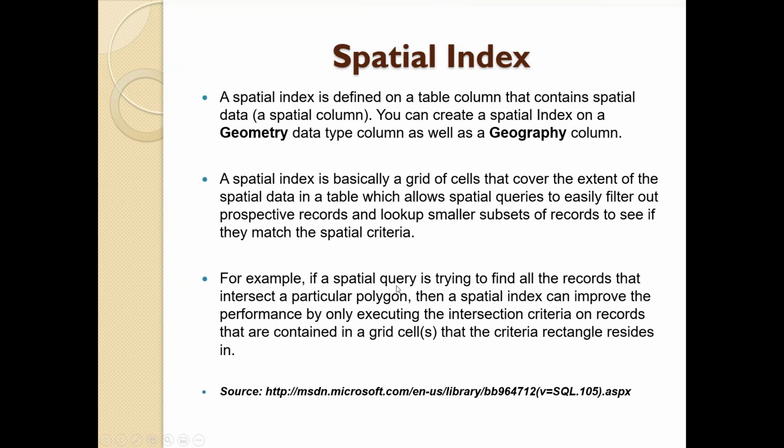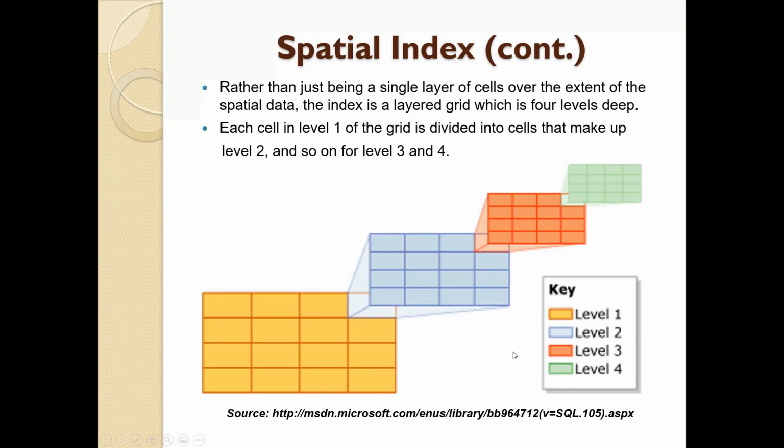you might have a spatial query that is trying to find all the records that intersect a particular polygon. So by using a spatial index, you can improve that performance because each point will be located within a certain grid area. So what are these grids? Well, they are layers. There's actually 4 layers.